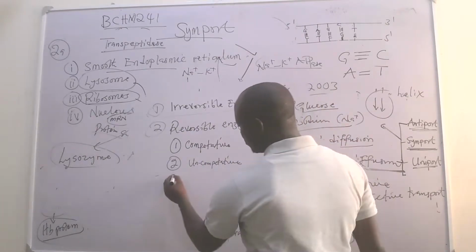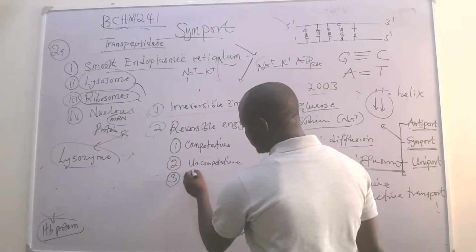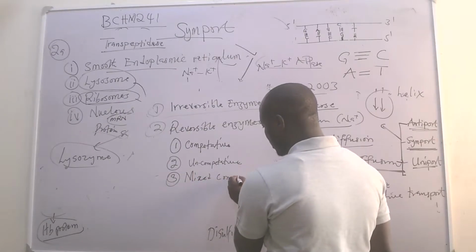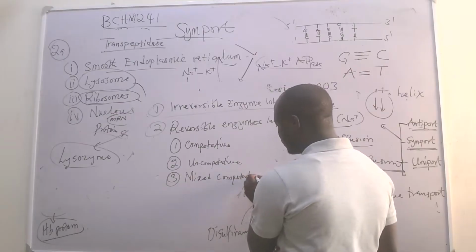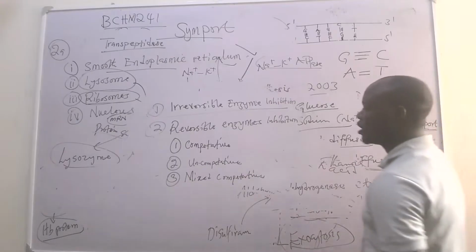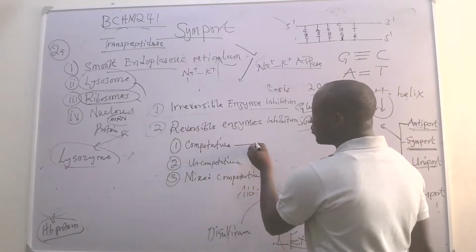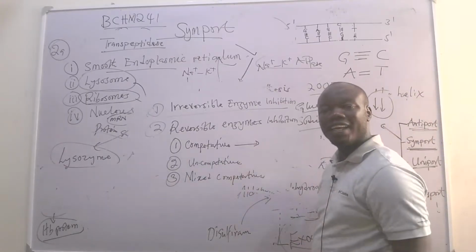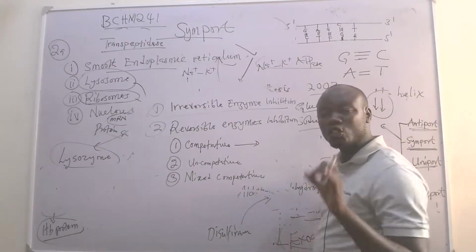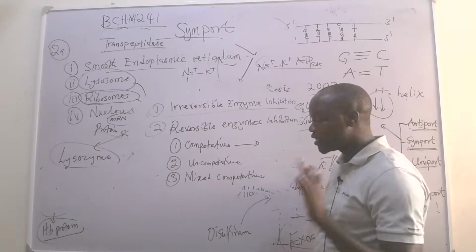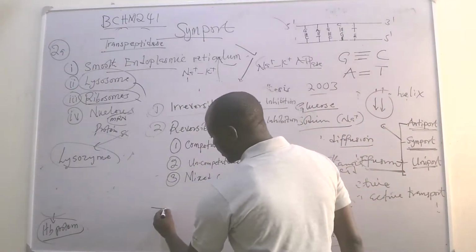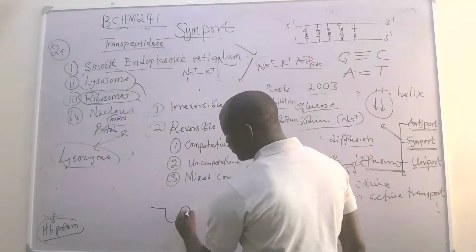And then we have mixed competitive inhibition. So these are the three types of inhibition. In the case of competitive inhibition, the inhibitor and the substrate are competing for the same active site of the enzyme. Remember, enzymes usually have an active site.